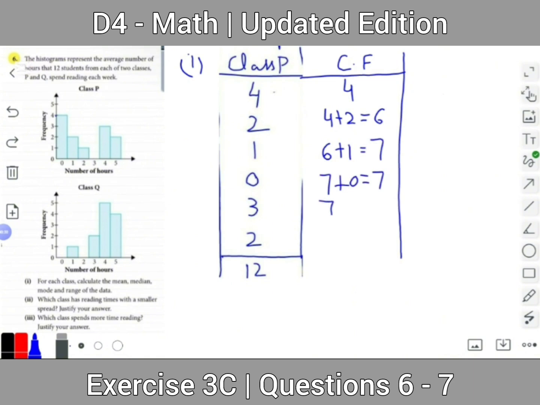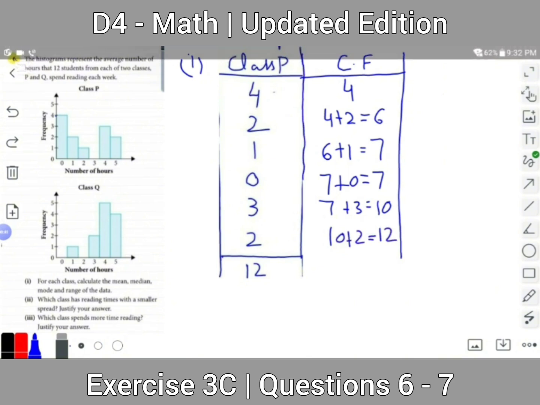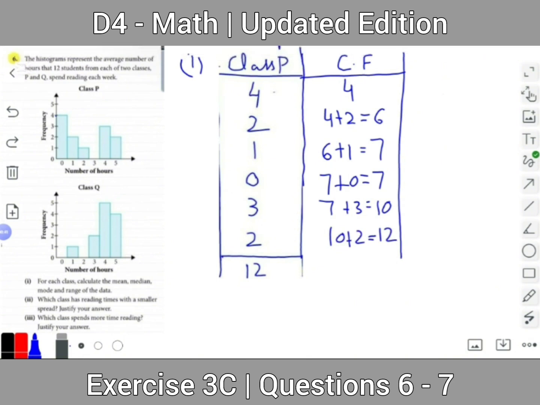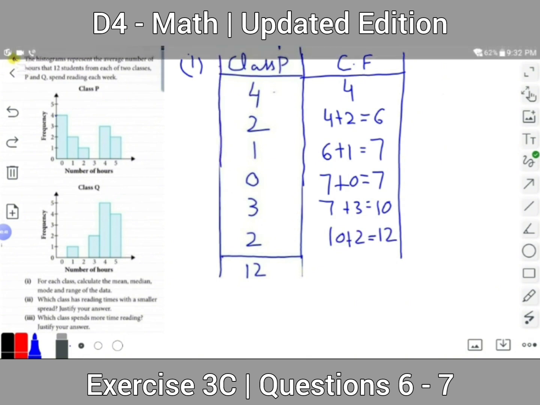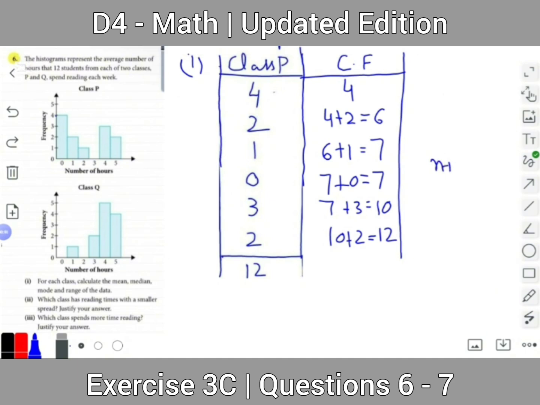Now 7 add 3 is equal to 10, add 2 is equal to 12. So now we have to identify the cumulative frequency which is greater than (n plus 1) divided by 2, and that was 6.5.